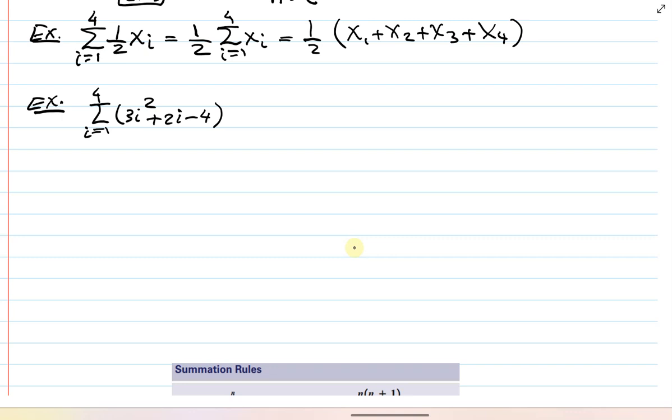Let's say that's what I want to evaluate using the properties we know so far. This is in the form of sigma of a_i plus b_i, two series, and if you want, you can go plus c_i. So I can view this as the sum of three series. The c_i here, of course, is a series of a constant number.